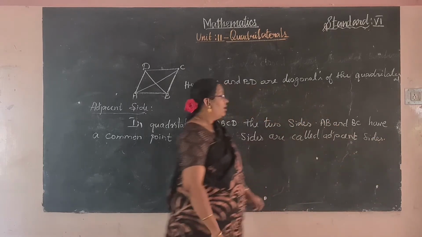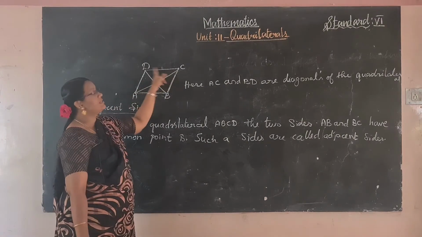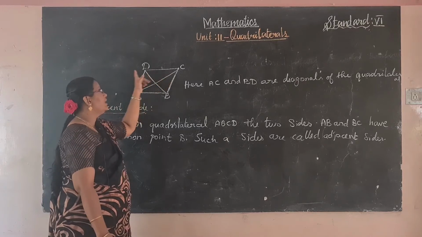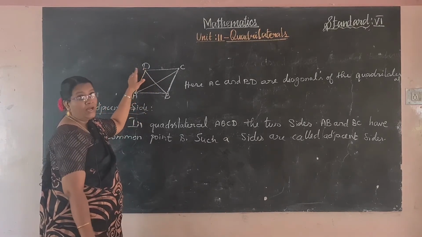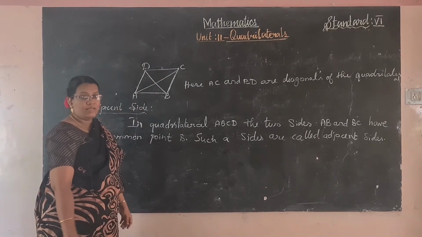Very clear? And one more adjacent pair: what are they? AD and CD. The two sides AD and CD have a common point D. That is also called adjacent sides.